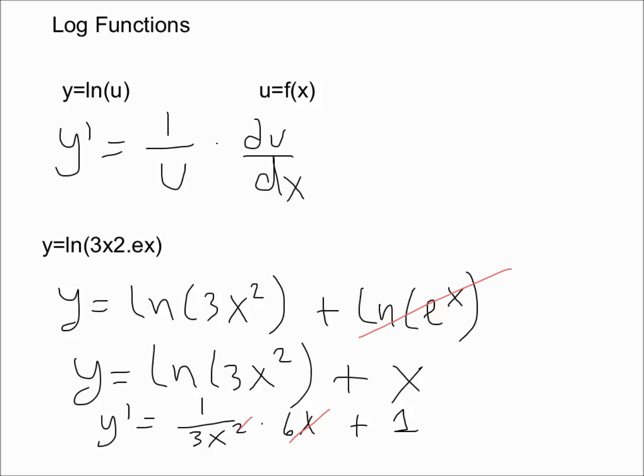This x goes, this becomes x, and we have 2x. We will have a 2 on top and the x as the denominator plus the 1, and that's the answer. So let's solve other problems.